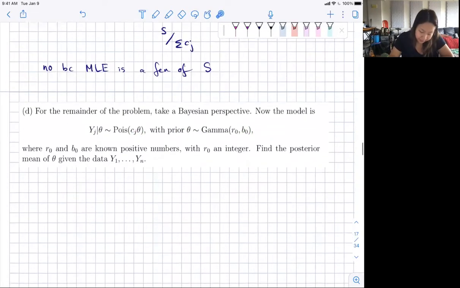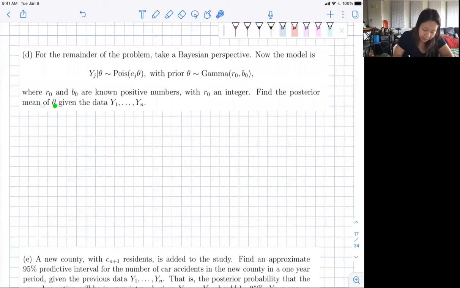We're looking for the posterior mean of theta given the data, so we want to find the posterior distribution of theta. This is the Poisson-Gamma conjugacy, and it is going to tell us that the posterior is distributed Gamma with some parameters. So let's figure out what the parameters are.